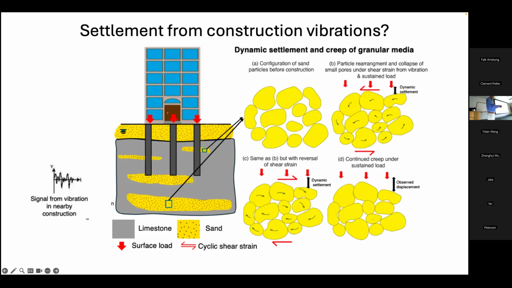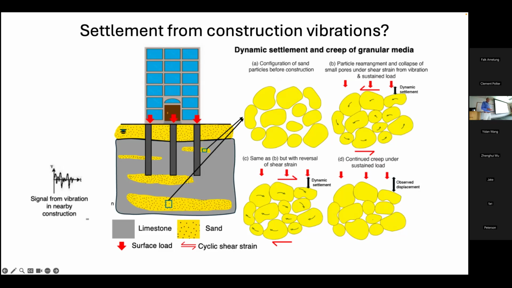It goes first in this direction, then it goes in the other direction. And if you do that for a while, we're getting a repacking or rearrangement of the granular medium, and so the result is subsidence at the surface.